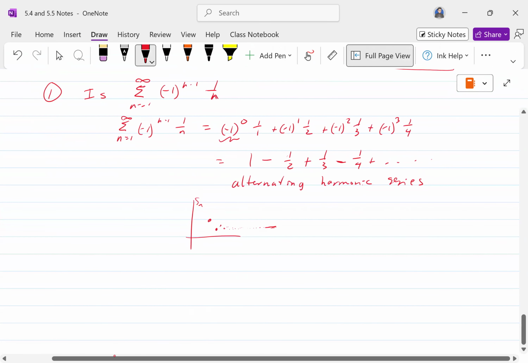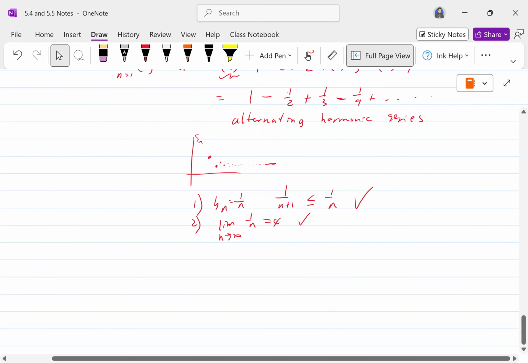Now we can prove this using the alternating series test. Let's look at those two conditions. B sub n is 1 over n, and we want to know, is 1 over n plus 1 always less than or equal to 1 over n? That is true. We also want to know, is the limit as n goes to infinity of 1 over n equal to 0? That is true.